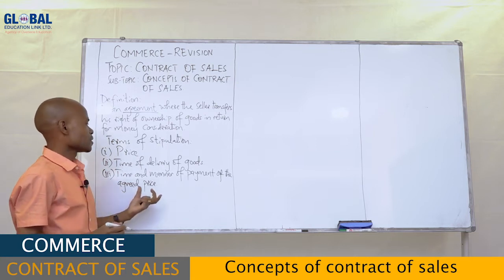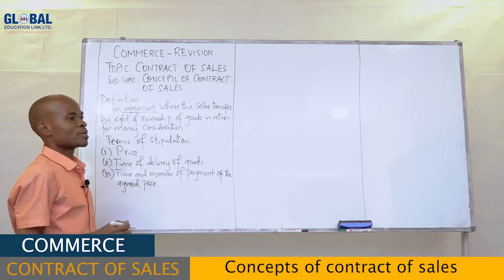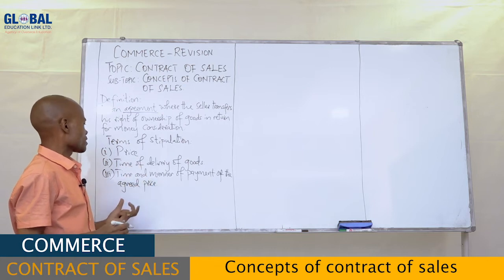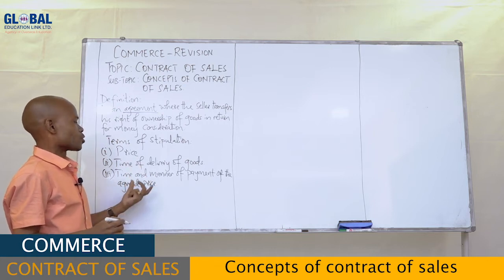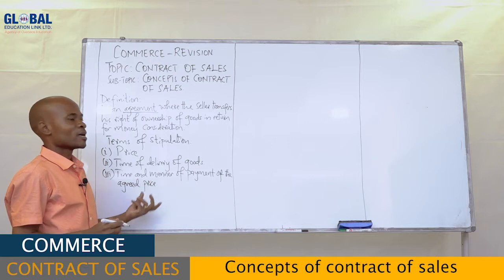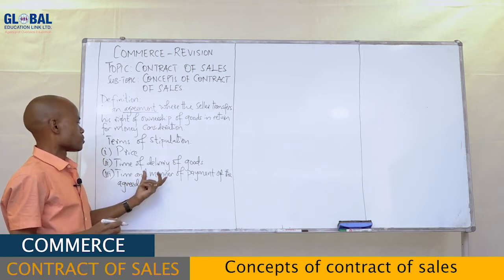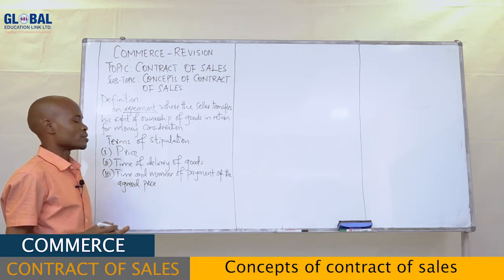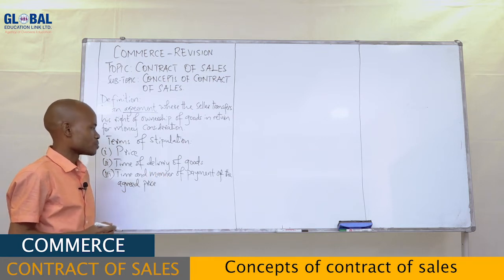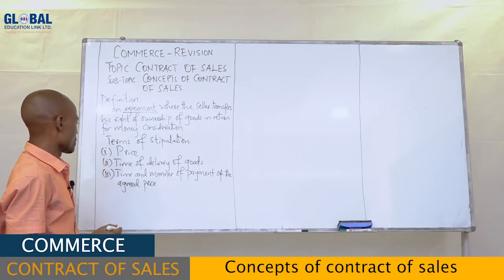This is whereby the buyer will be able to discuss with the seller on what terms the buyer will use to make payments. So they will agree on what terms the buyer will use.